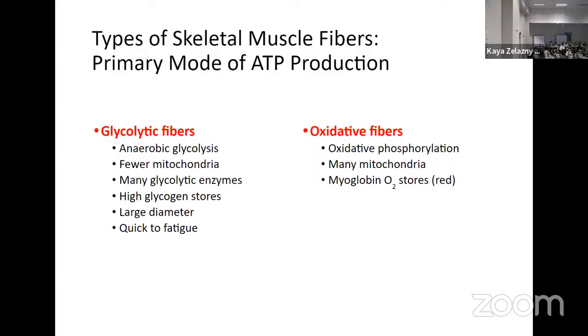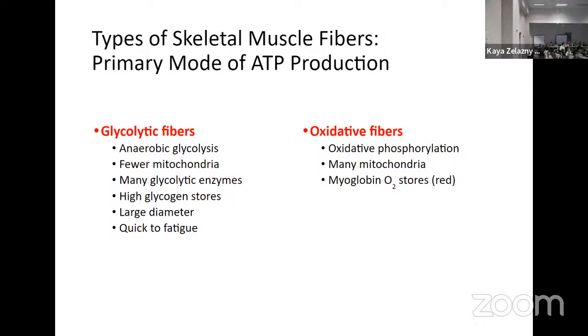So in addition to having properties that help the oxidative fibers get oxygen from your blood efficiently, we're also going to see that they have a storage molecule for oxygen, something called myoglobin. It's red in color and it stores oxygen inside the cell. So we basically have a little extra oxygen even before your body manages to start pumping extra blood, breathing faster, et cetera, to get more oxygen in. We've got some in the cell itself.